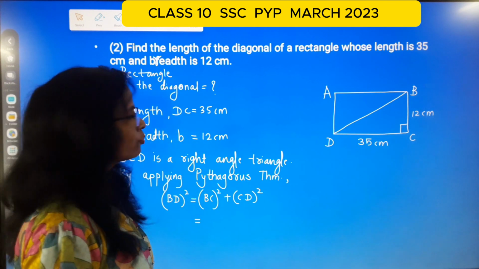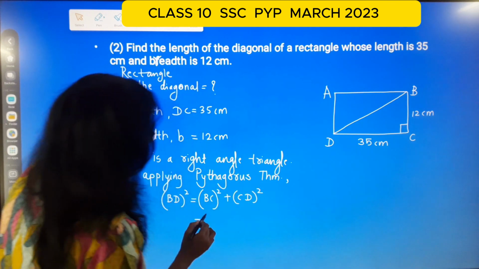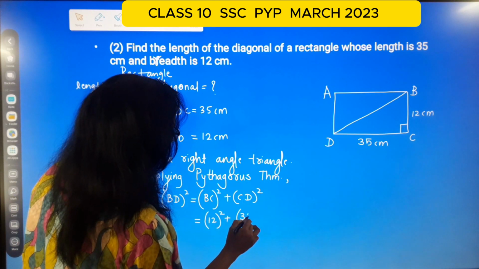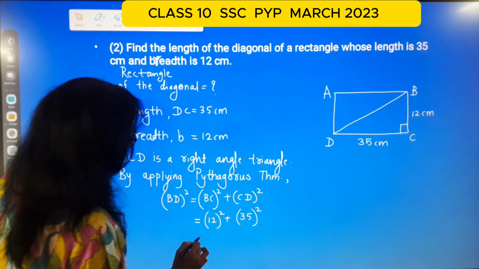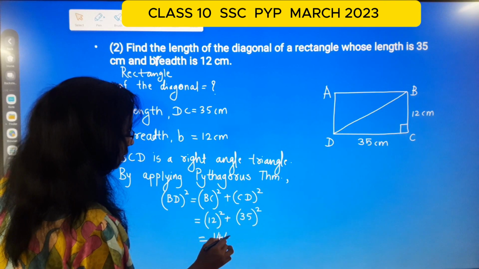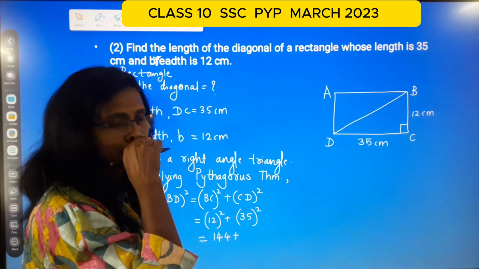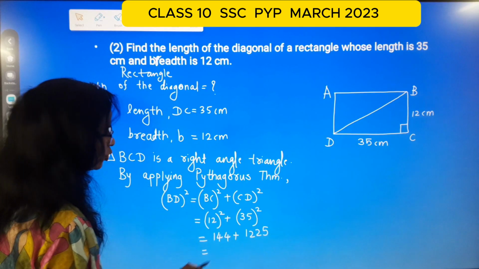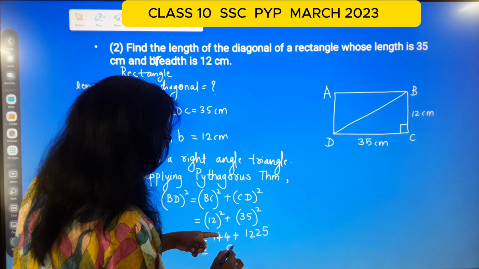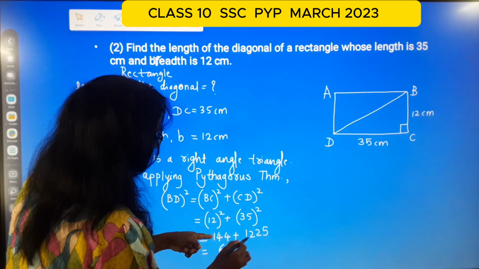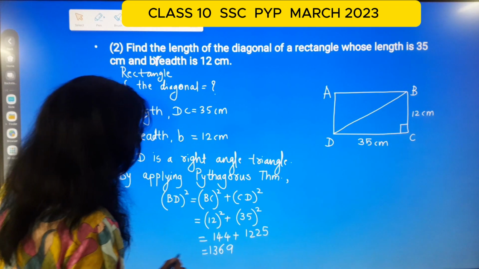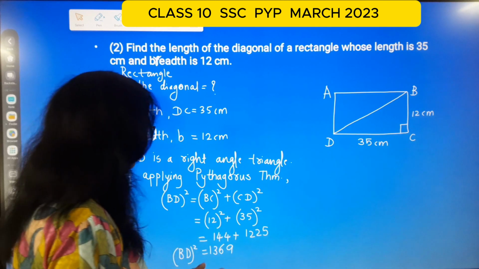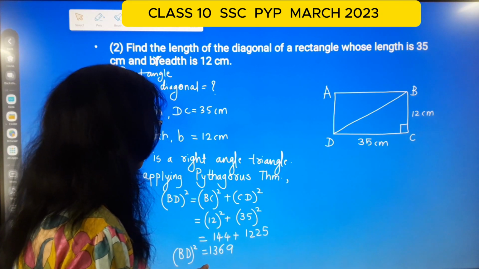Now here BC is 12 and CD is 35. The square of 12 is 144, and the square of 35 is 1225. Adding them, we get 1369 for BD squared.